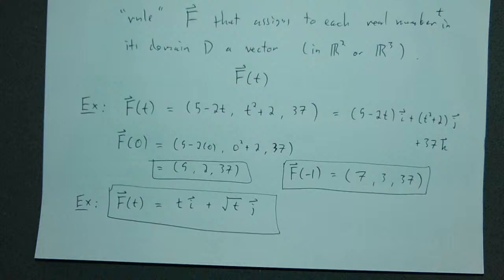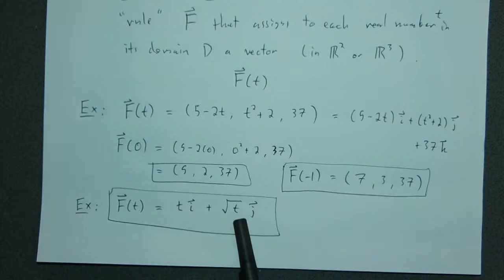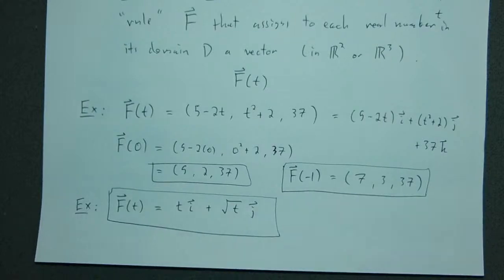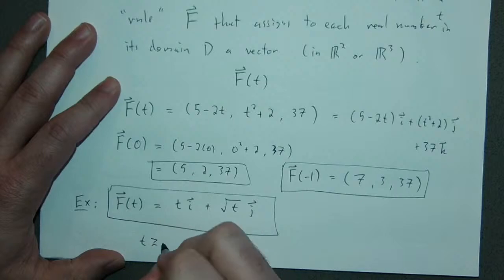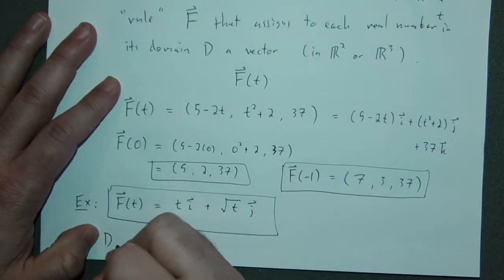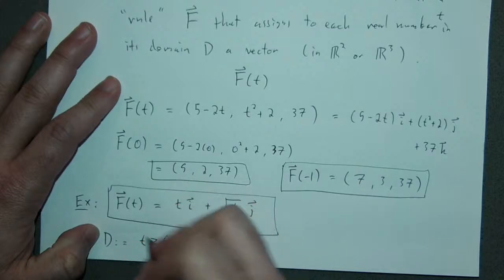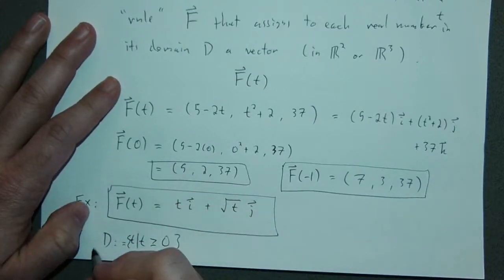Well, t can't be negative, right? And so t needs to be non-negative. So t needs to be greater than or equal to 0. And so my domain D is the set of t such that t is greater than or equal to 0, right?